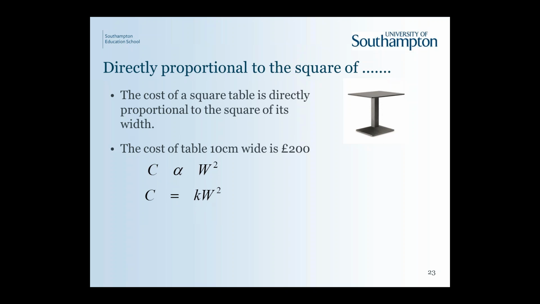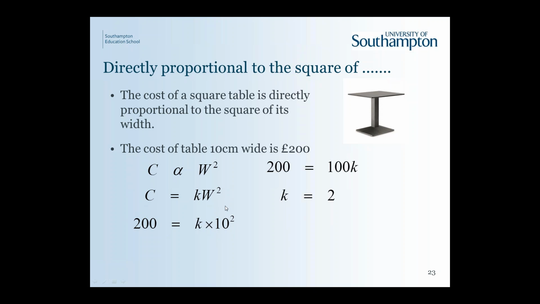Now that we've got that, we can use the numbers that they've been given, and we put that in. This is where, again, they start to make a mistake if they forget the square. 200 equals k times 10 squared, so 200 is 100k, so k must be 2. You can then rewrite this, especially if it's asked for the formula.